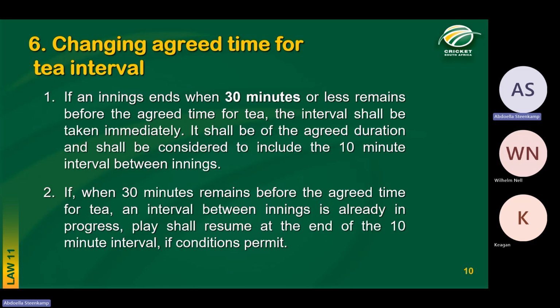Yes, you are now 30 minutes to tea, but you cannot take an early tea. You resume the innings at the end of the 10-minute change of innings interval. So at 14:35, side B needs to come out to bat. Side B will then bat from 14:35 till 3 o'clock when we will take our tea interval.